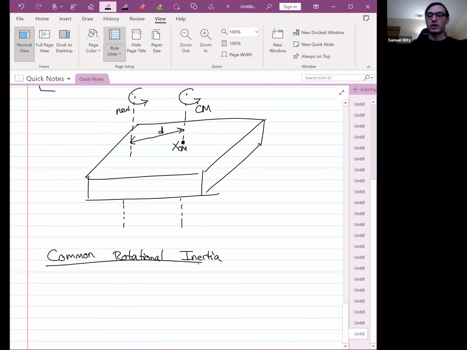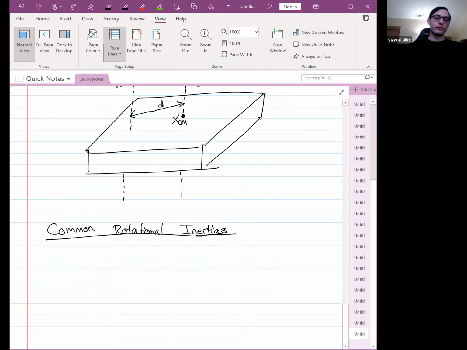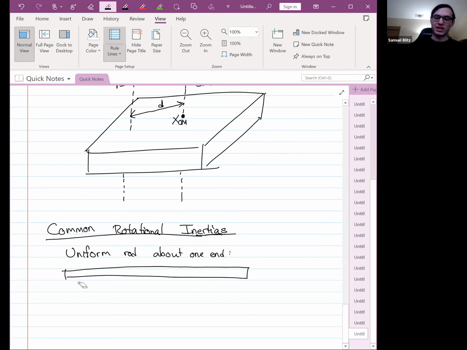Some of these you could calculate because you know how to do it. Some might require calculus that you don't have, in which case I'm just going to give it to you. So for a uniform rod about one end, the picture here is you have your uniform rod.